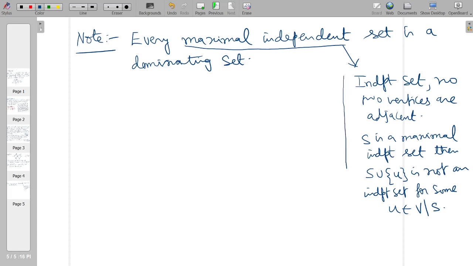You have to remember these two definitions, and using them you have a simple proof.